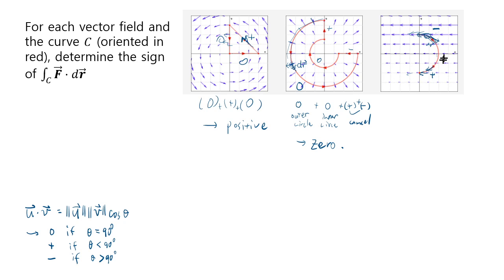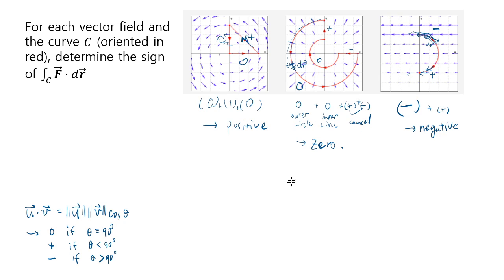These are very small, so although you do the dot product, the dot product will still be kind of small. And because negative is big, whereas the positive one is small, you're going to get negative as the line integral value.